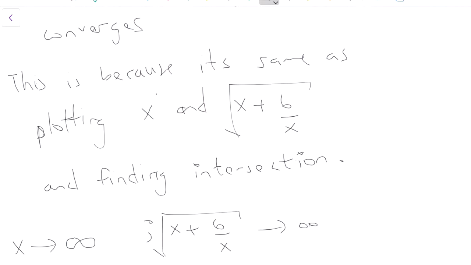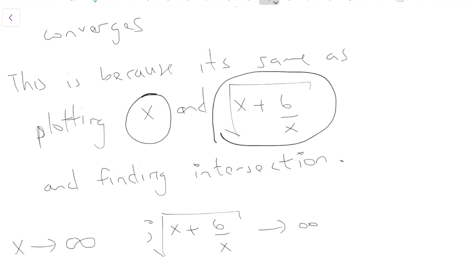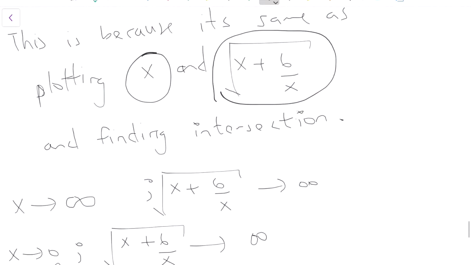You know how to plot y equals x, and how do you plot this graph? You can start by imagining what happens as x tends to very large values and as x goes to 0. When x goes to infinity, this thing, the square root of x plus 6 over x, tends to infinity.